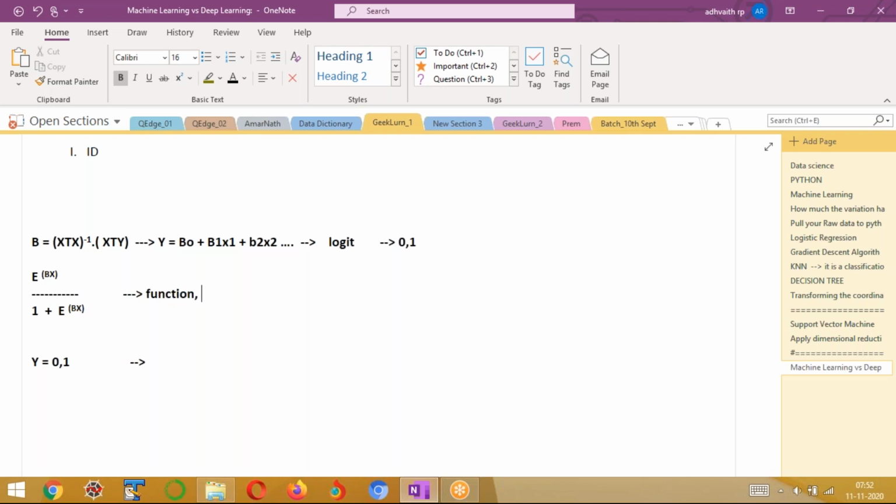Similarly, in support vector machine, what functions have we applied there? Radial basis, polynomial.